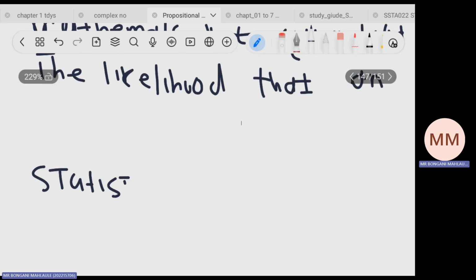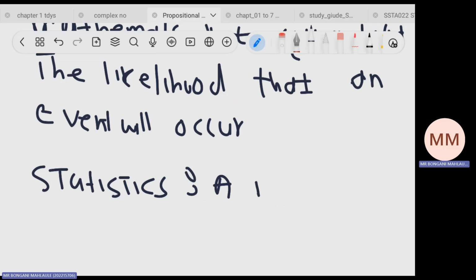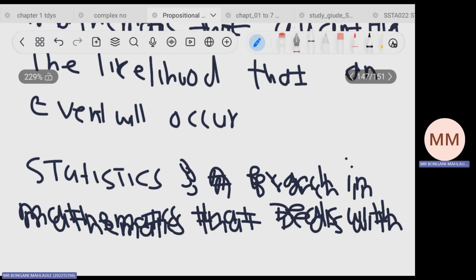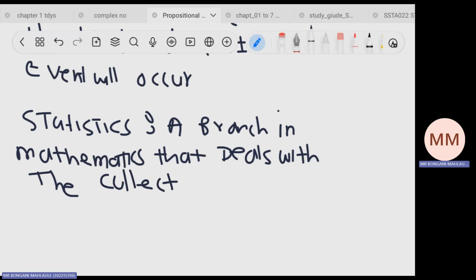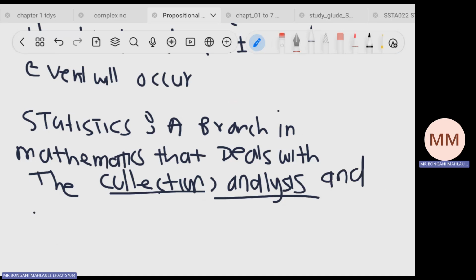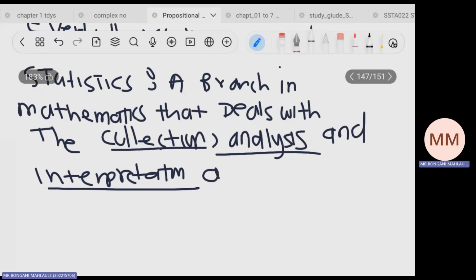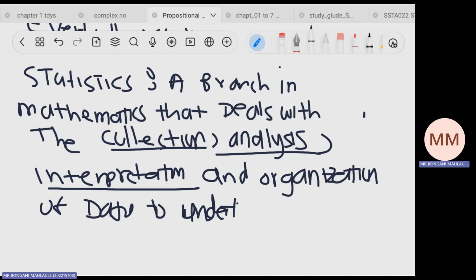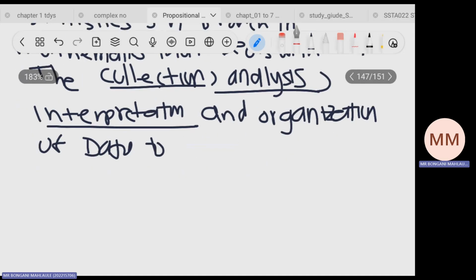Then statistics. This is a branch in mathematics that deals with the collection, analysis, interpretation, and organization of data, so that we can understand the patterns of past behaviors from the observation.